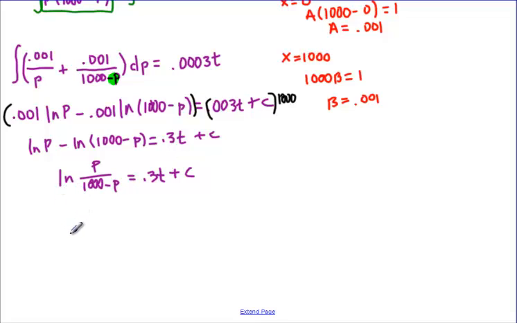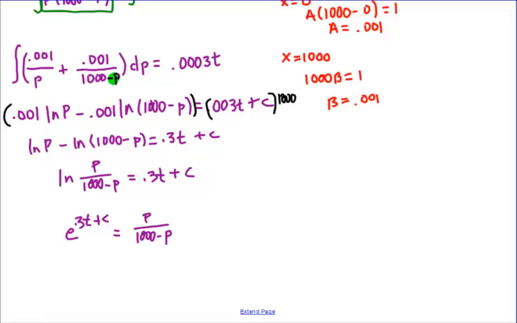So that's going to give me e to the 0.3t plus c power is equal to p over 1000 minus p. Okay?